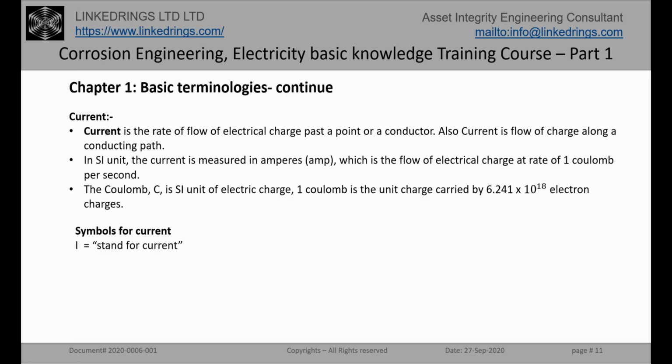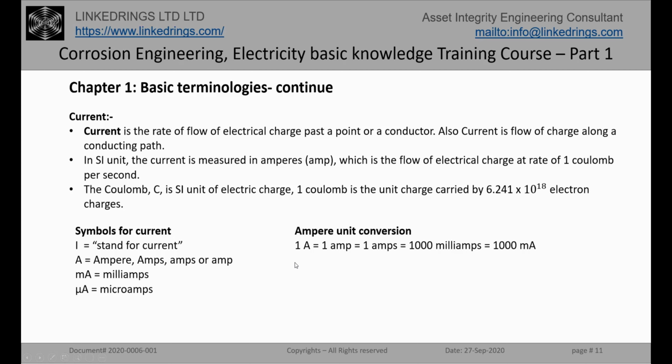We can say the current I equals some value in milliampere, kiloampere, or ampere. Ampere or amps, all are the same. We can write amps, capital A, or ampere. Milli, small m, capital A, is milliamp, milliampere. Microamp, microamperes.